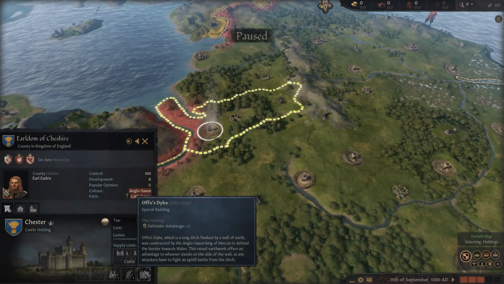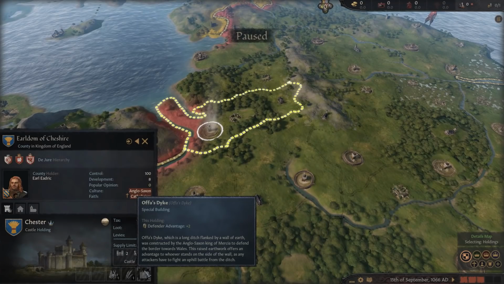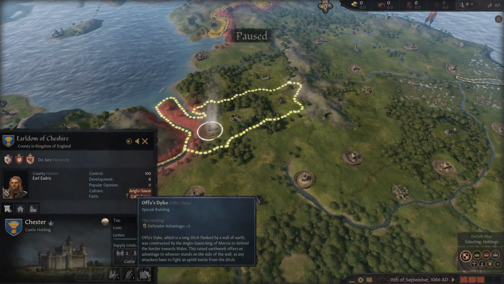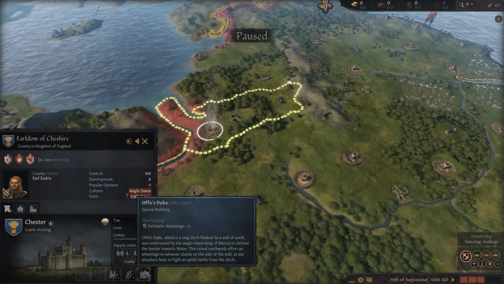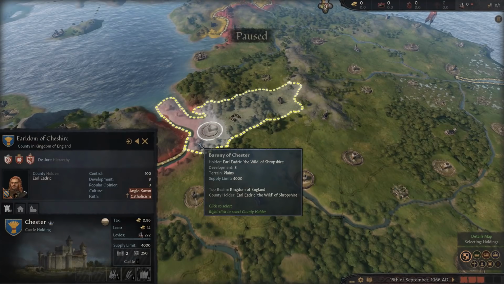It is always constructed and always enabled, and it is Offa's Dyke, which is a long ditch flanked by a wall of earth, constructed by the Anglo-Saxon King of Mercia to defend the border towards Wales. This raised earthwork offers an advantage to whoever stands on the side of the wall, as any attackers have to fight an uphill battle from the ditch. So it gives you, in the holding itself, a +2 defender advantage. It's basically all along the border to Wales.